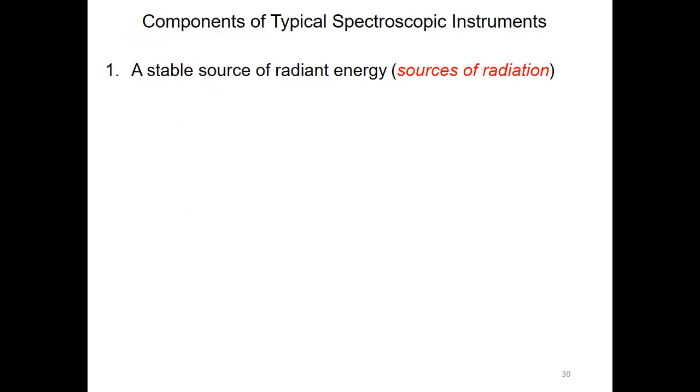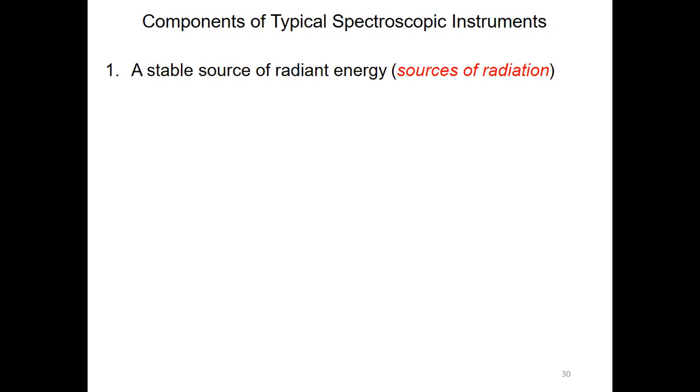Now let's see what are the main components of a typical spectrophotometric spectroscopy instrument. A typical spectroscopic instrument means whatever the spectroscopy instrument, these components should be there. I think if you remember, we talked about this in the very first lecture also, there should be a source of radiation.